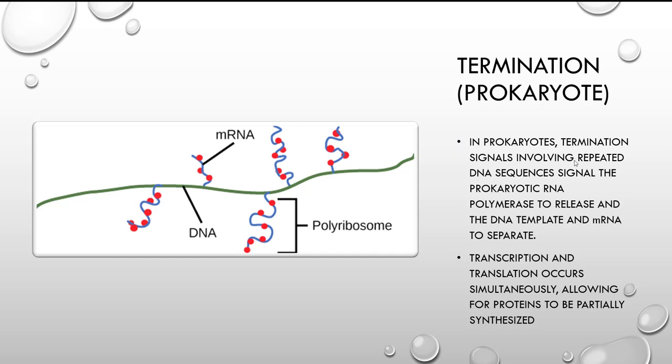Just like in the video we saw, at the end of the gene there's some sort of termination signal, which is a repeated sequence of DNA, and that signals the end of the process.